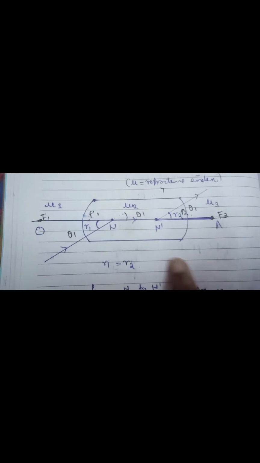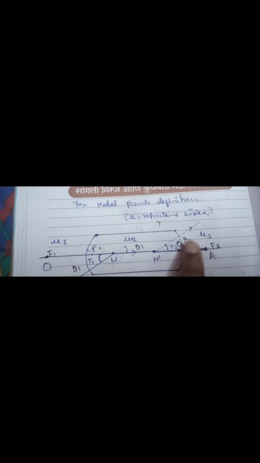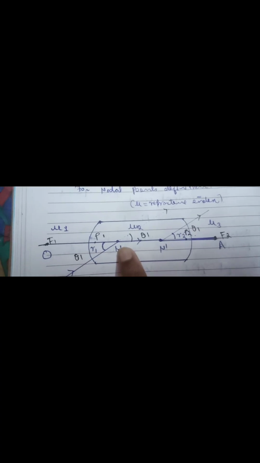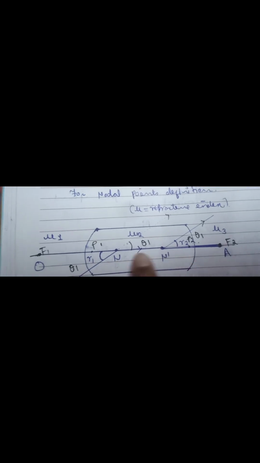Now this is my handwritten diagram explaining what these nodal points are in case of a thick lens system. In case of a thick lens system, the concept of optical center is replaced with these 2 nodal points. Optical center is that center in the lens system through which when the rays of light pass, they remain undeviated.